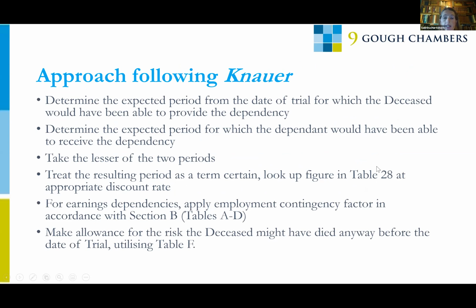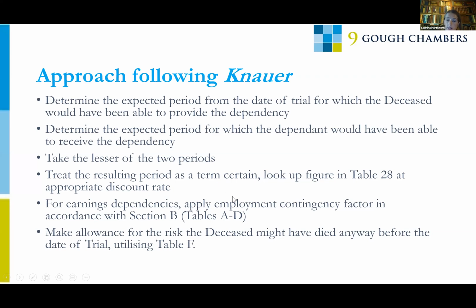You would determine the expected period for which the dependent would have been able to receive the dependency. You would take the lesser of the two periods, treat the resulting period as a term certain, looking up the figure in table 28, which is now the new table 36 in Ogden 8, and apply the appropriate discount rate.